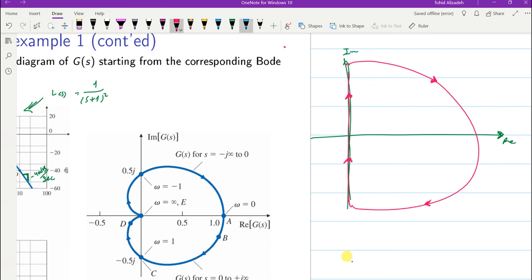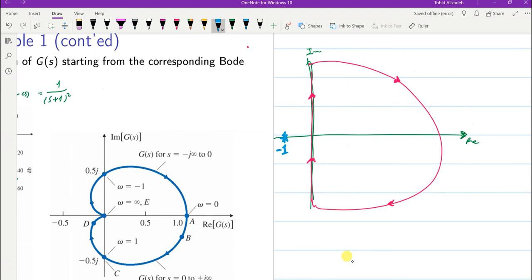As you see here, we have the two poles of L at the point -1. So we can see that there are no open loop poles inside the contour C1. As a result, P for our Nyquist criterion will be equal to 0. We'll keep that in mind.